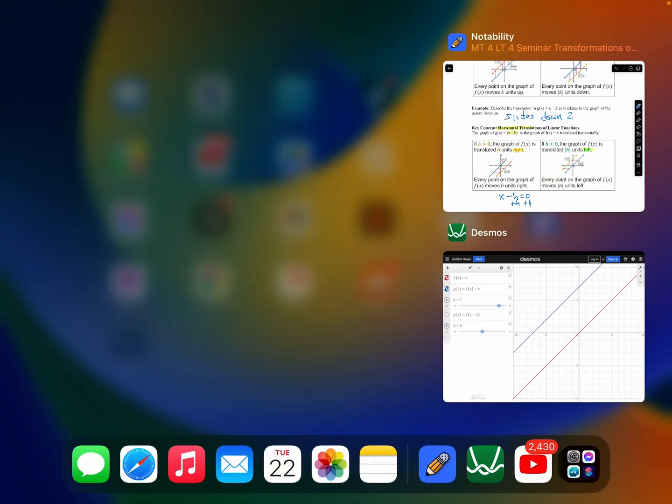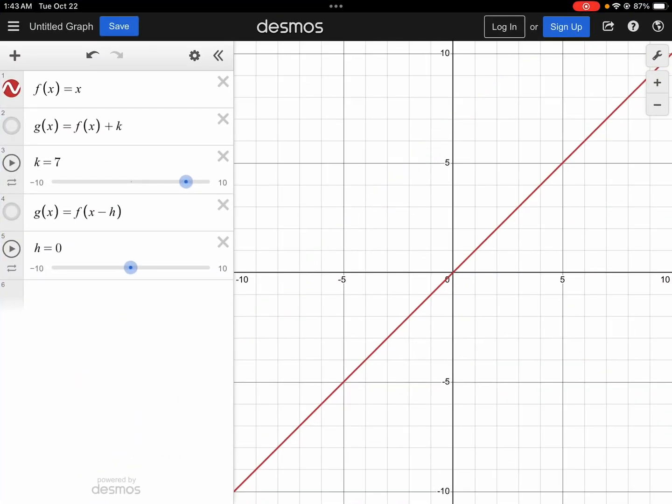And we can look at a translation here. I'm going to hide that one. And let me add, notice I'm going f of x minus h. So when I move x to the right, make it x minus, like minus 1.2, notice it changes my x-intercept, not my y-intercept.